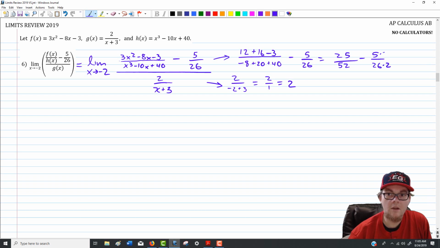And if we get a common denominator by multiplying up and down by 2, we'll end up with 15 over 26. Oh, excuse me, I lied. 15 over 52. I said that answer didn't feel right. But 15 over 52. So to bring this all together, our numerator is 15 over 52, our denominator is 2, which makes our entire value 15 over 104.